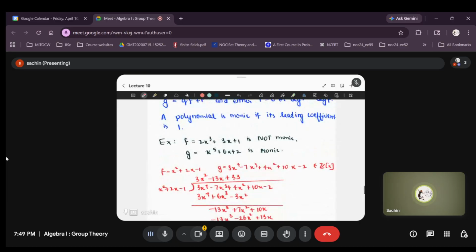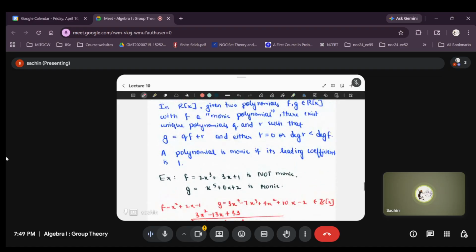So you might not be able to write g is equal to qf plus r, but if, for example, here it is not monic in Z[x]. That is important. If it is in Z[x], there's nothing you can do about it. But if it was in Q[x], say, then you could multiply the entire thing by half and write f by 2 as some monic polynomial, x cubed plus 3 by 2 x plus half.